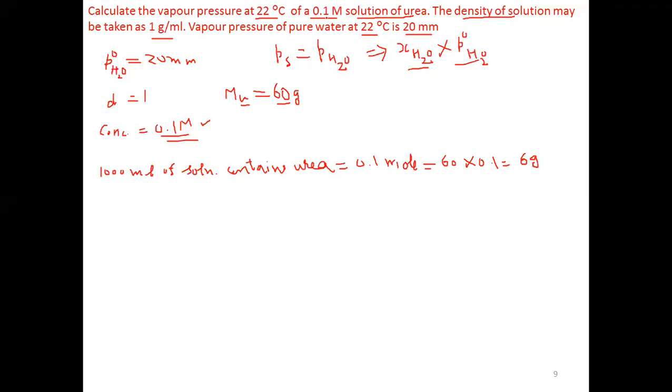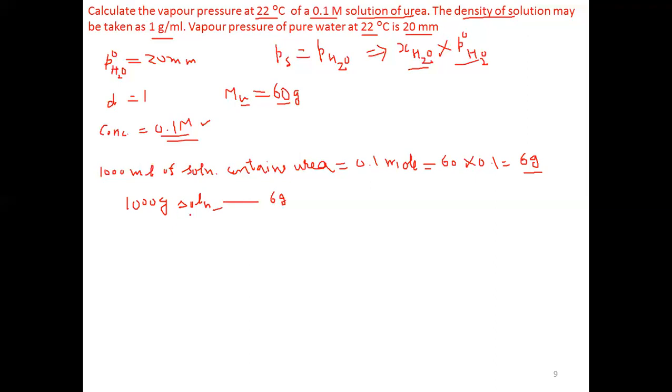So 1000 ml of solution contains 6 gram of urea. As the density is 1, the weight of solution is volume into density, so the weight becomes 1000. So 1000 gram of solution contains 6 gram of urea.